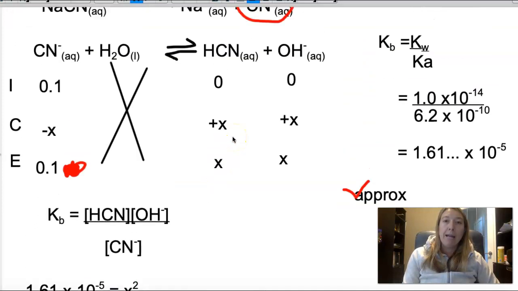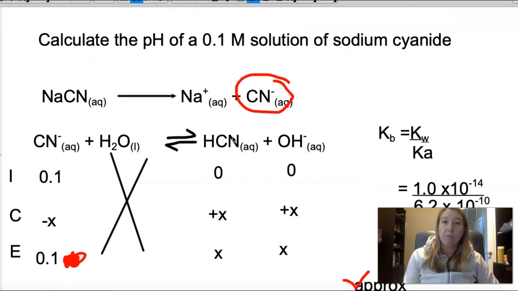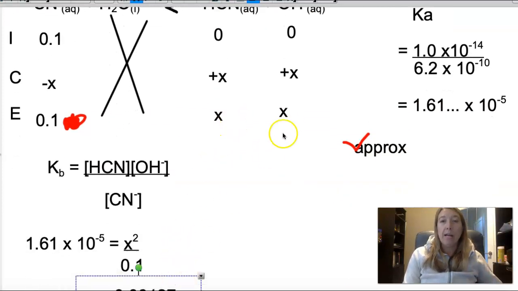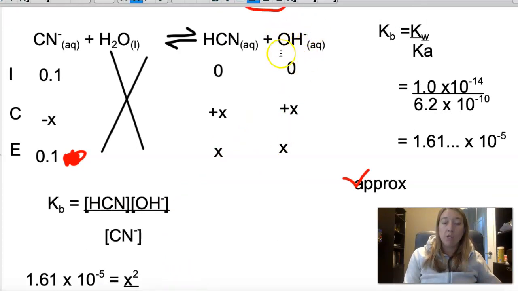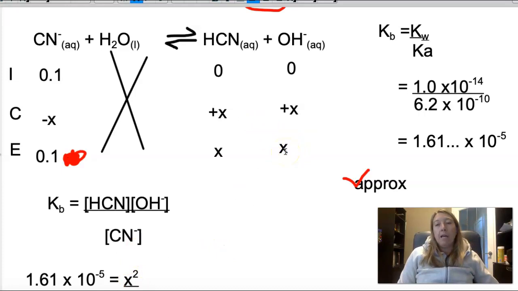So now that I've solved for x, what is the question asking me for? The pH. We know that x is equal to the concentration of hydroxide. So there are two options. You can either solve for the pOH, because you know the concentration of hydroxide, and then convert the pOH to pH by doing 14 minus.